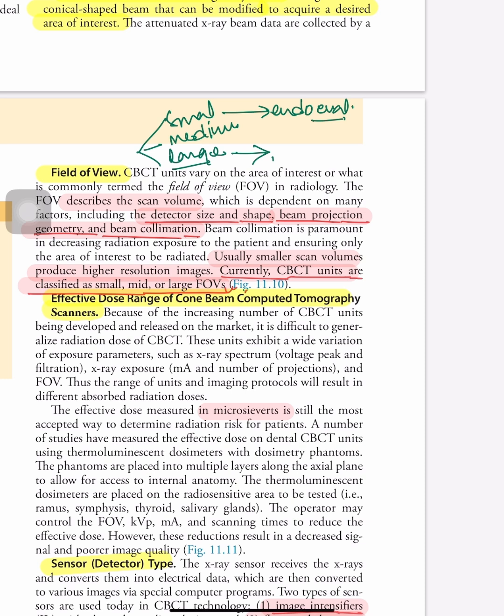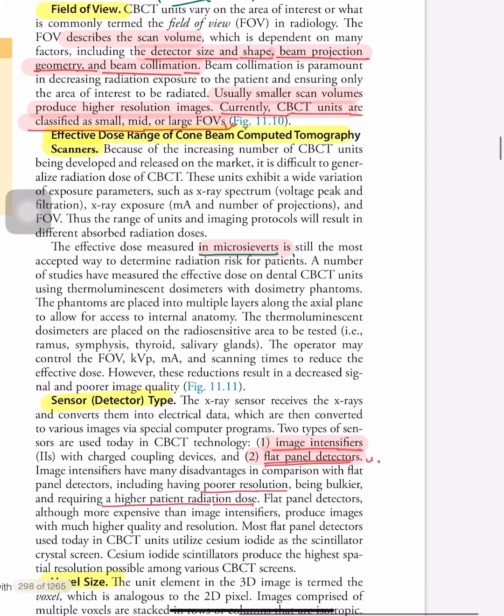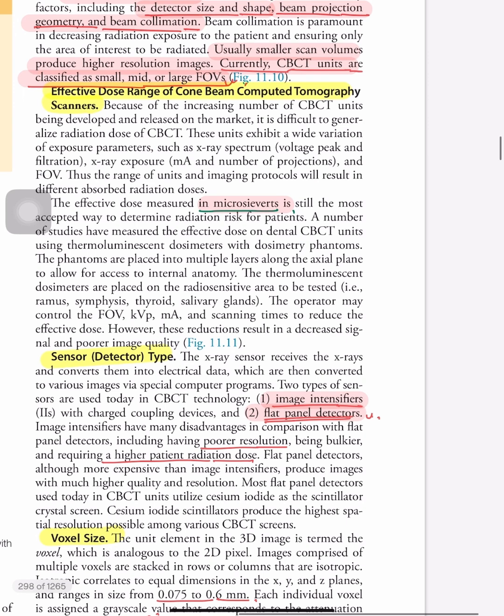The effective dose is measured in microsieverts. Next, we move to the sensor detector type. The sensor detector is of two types: image intensifiers and flat panel detectors. The flat panel detectors are costlier and have certain advantages.